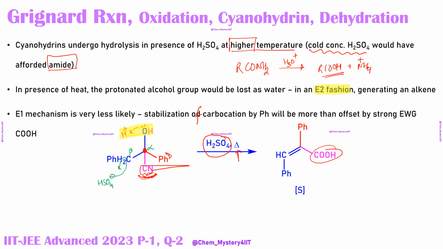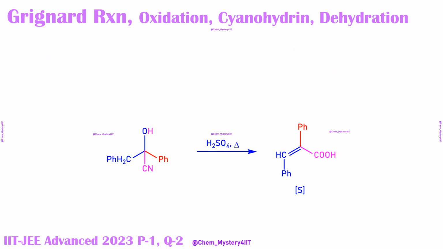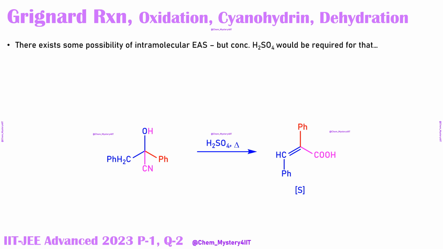Okay, moving further, we have the reaction here, which was going to give us no chiral carbon present. There was one more possibility if the double bond was not being formed over here.